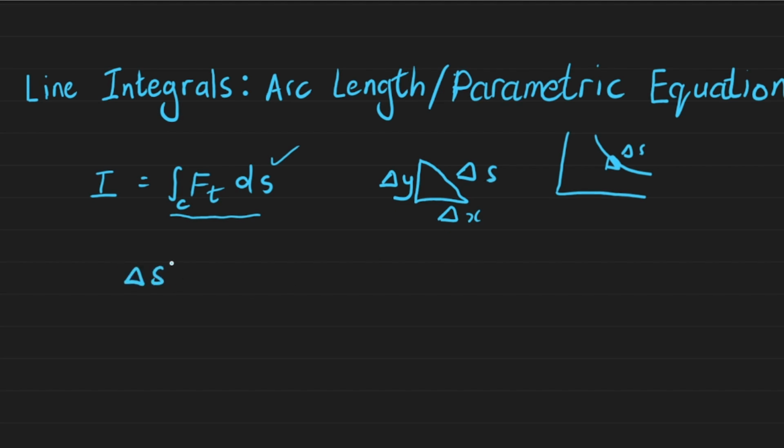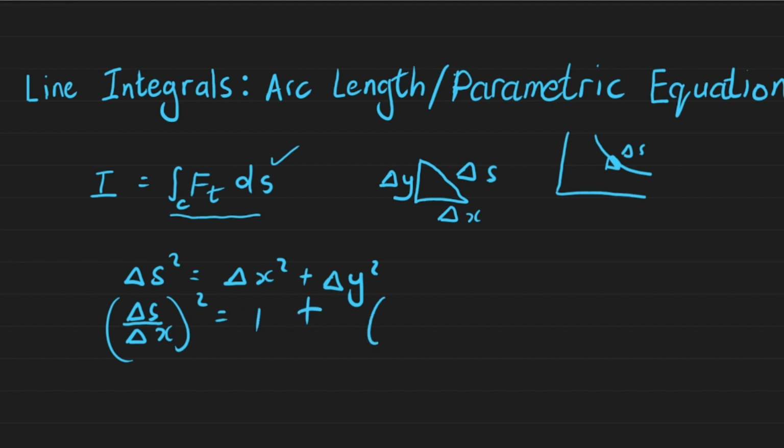By the theorem of Pythagoras, delta s squared is delta x squared plus delta y squared. Then if we divide everything by delta x squared, we get (delta s over delta x) squared equal to 1 plus (delta y over delta x) squared.